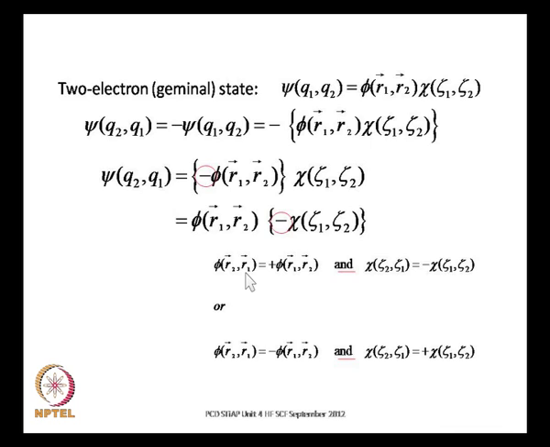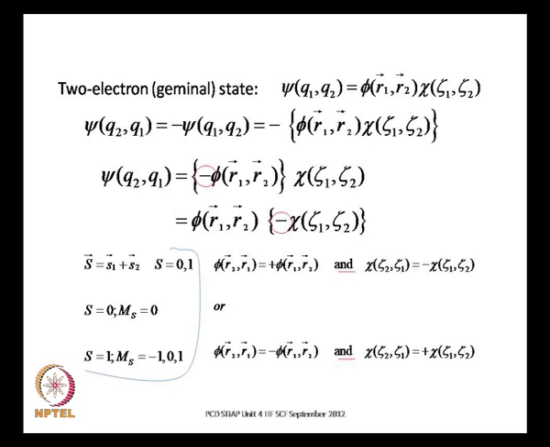Either phi r2 r1 should be equal to plus phi r1 r2, and chi zeta 2 zeta 1 must be equal to minus chi zeta 1 zeta 2, or you should have phi r2 r1 equal to minus phi r1 r2. So either the orbital part is symmetric or the spin part is symmetric, but not both.